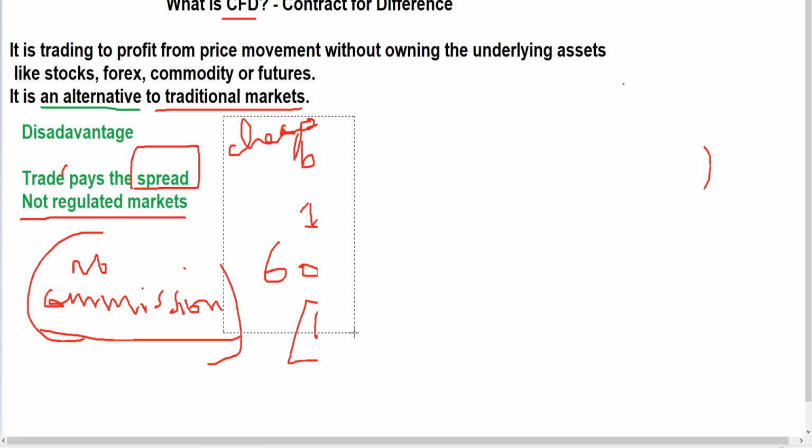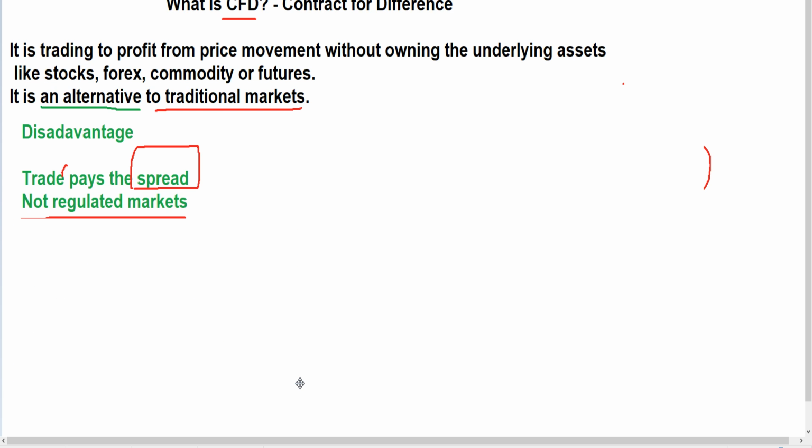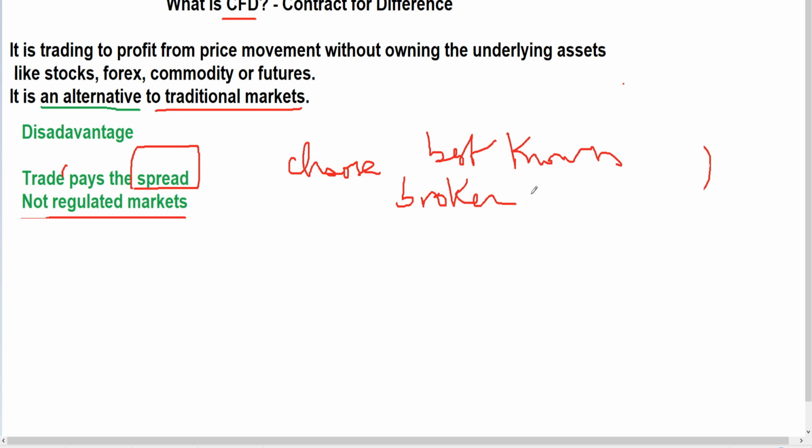If someone wants to do trading in CFD, the person in Europe or elsewhere, he should choose, okay, the best known broker with less spread. Okay, because if you are going to pay more on the spread, you will be losing a lot of money. And most of the people who are doing CFD, they lose money.